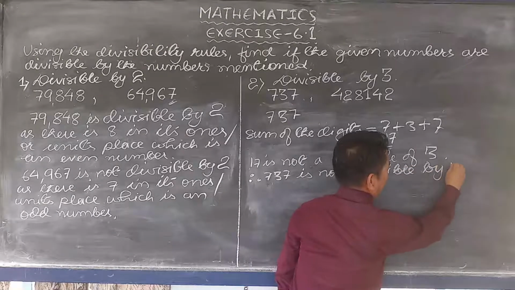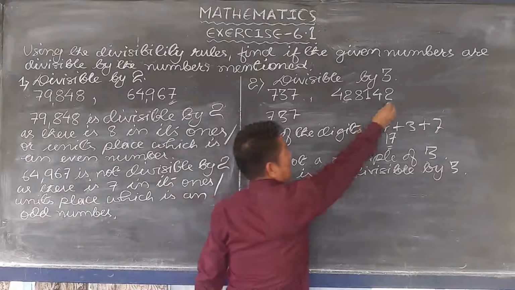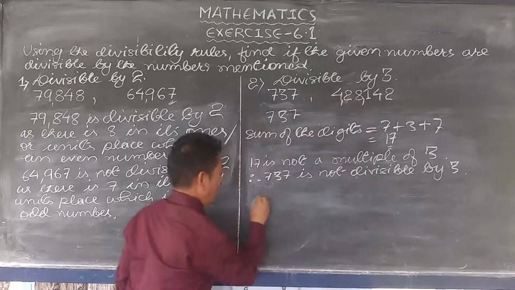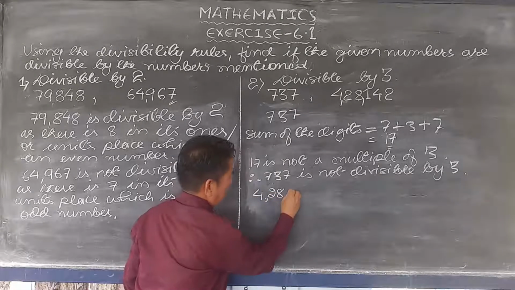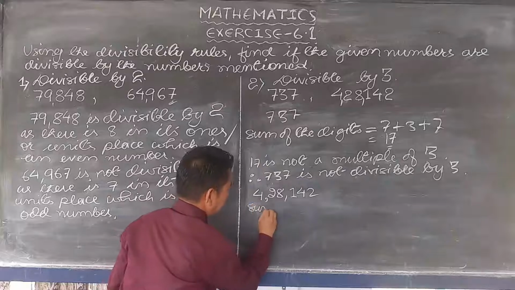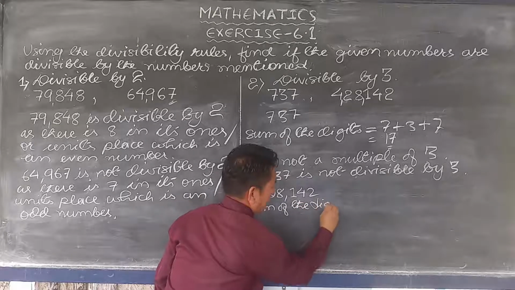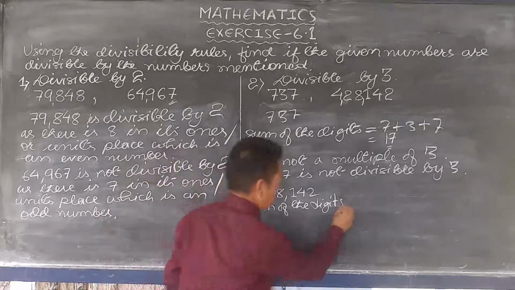Now second number here, 4,28,142. Sum of the digits. We'll add all the digits present in this number.